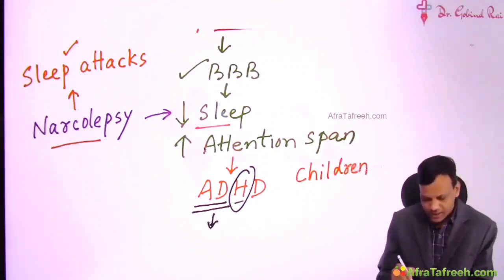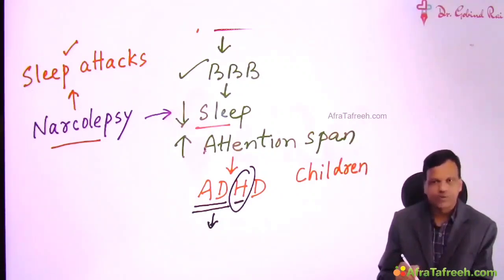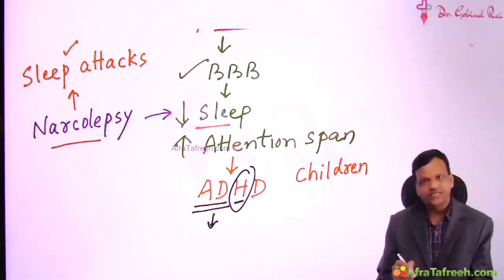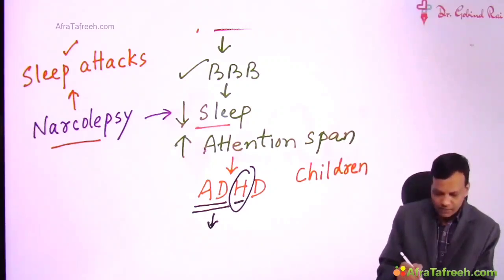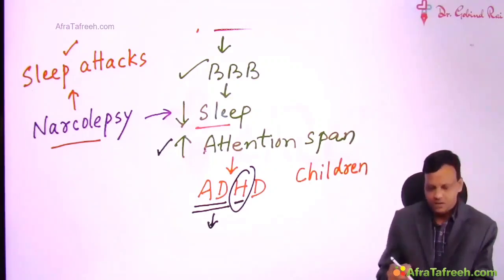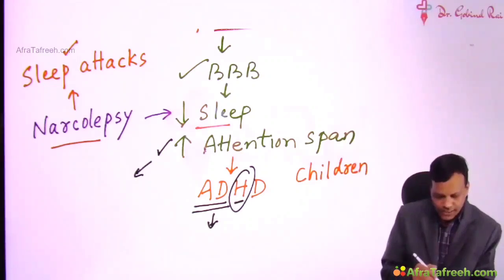So hyperactivity is an indirect result of inattention. So the primary problem is inattention, that is leading to irritation and that is leading to hyperactivity. So in ADHD the primary problem is inattention. So when we give amphetamines, they increase the attention span, so that will treat the ADHD. And the drug of choice for ADHD is methylphenidate.